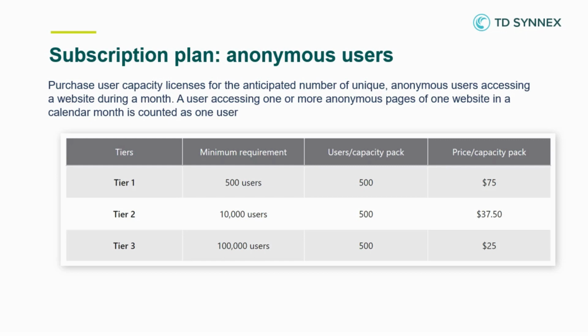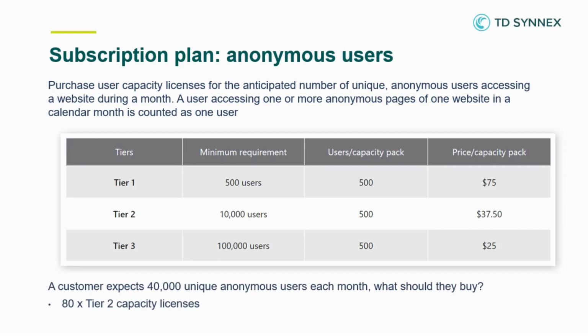And again, there are three tiers available with a minimum purchase required for each tier and a better price point as you move up through the tiers. So in our example here, a customer expects 40,000 anonymous users each month, so they would purchase 80 of the Tier 2 capacity licenses.